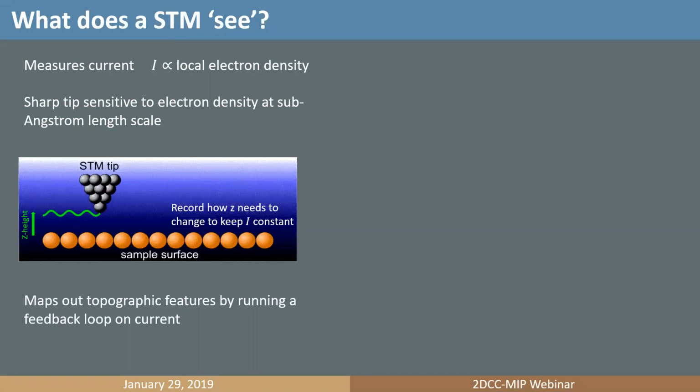So as we scan the tip, we note the x and y coordinates of each point, and at each point we record how z needs to change to keep I constant. We do this by running a feedback loop on I, and that's how we record.